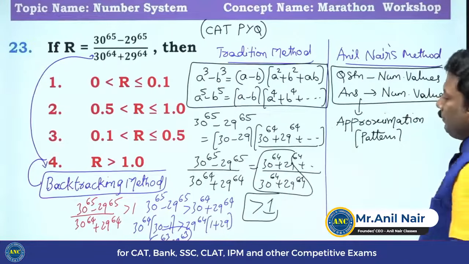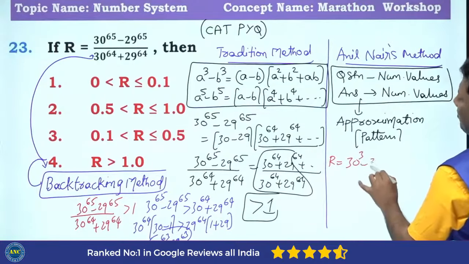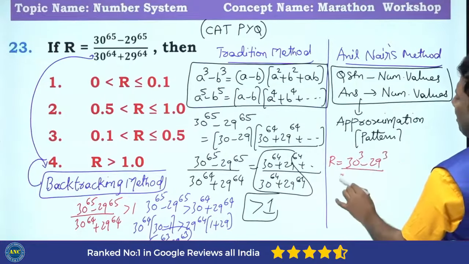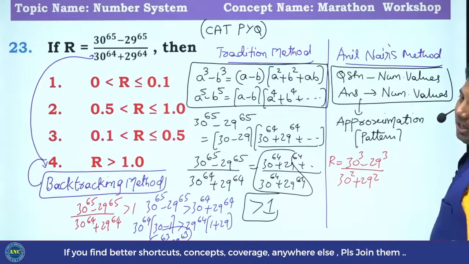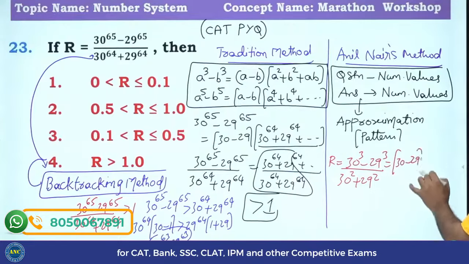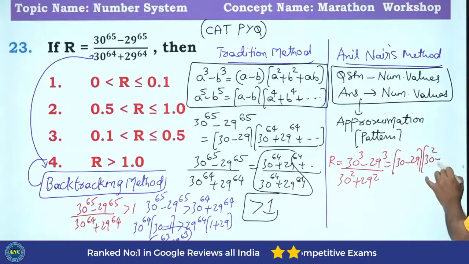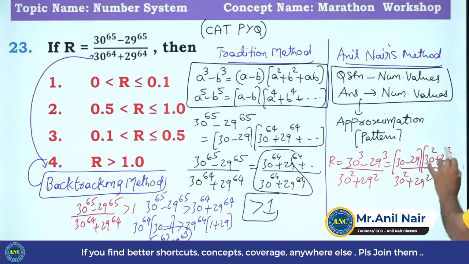So let me take a smaller value: 30 cube minus 29 cube divided by 30 square plus 29 square. I wrote a cube minus b cube, and I want to use that: a minus b into a square plus b square plus ab, divided by 30 square plus 29 square.